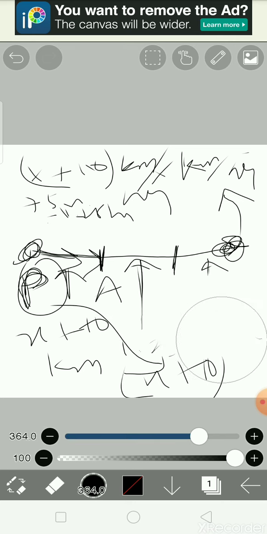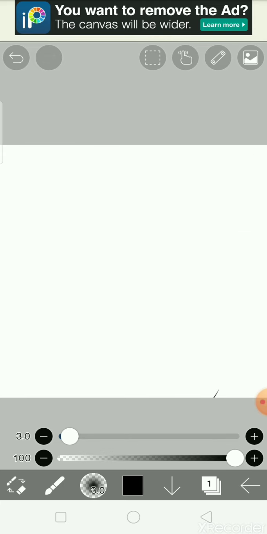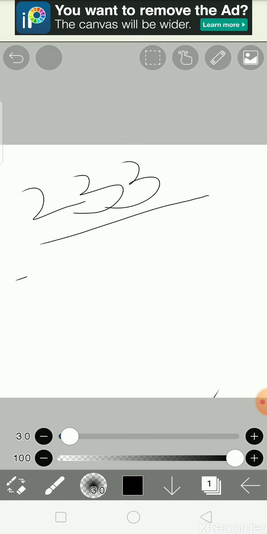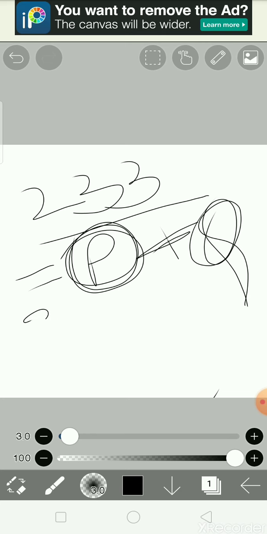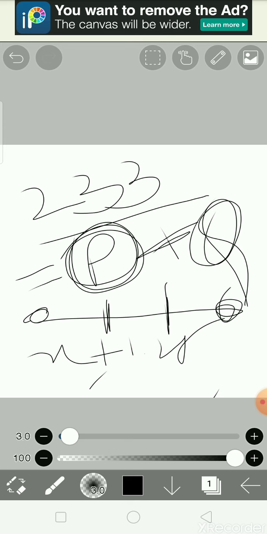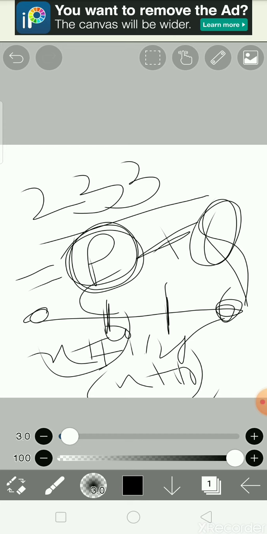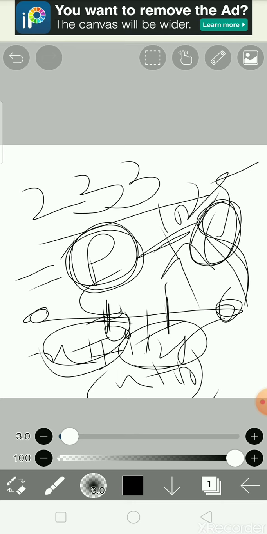So if we summarize this, what we get is 233 kilometers, the distance between Delhi to Agra, is equal to the distance traveled by car P plus distance traveled by car Q. So from this diagram, the distance traveled by car P is x plus 10 plus 1.25 times x plus 10, and the distance traveled by car Q is 1.25 times x.